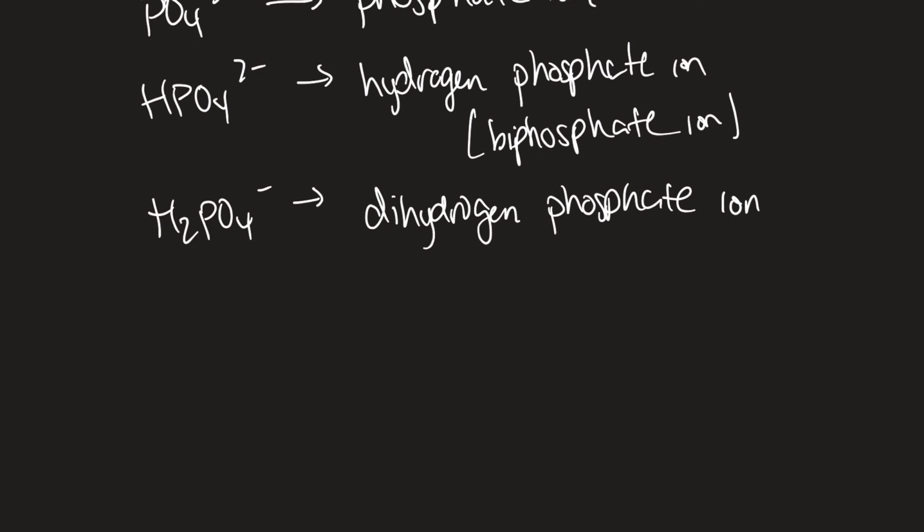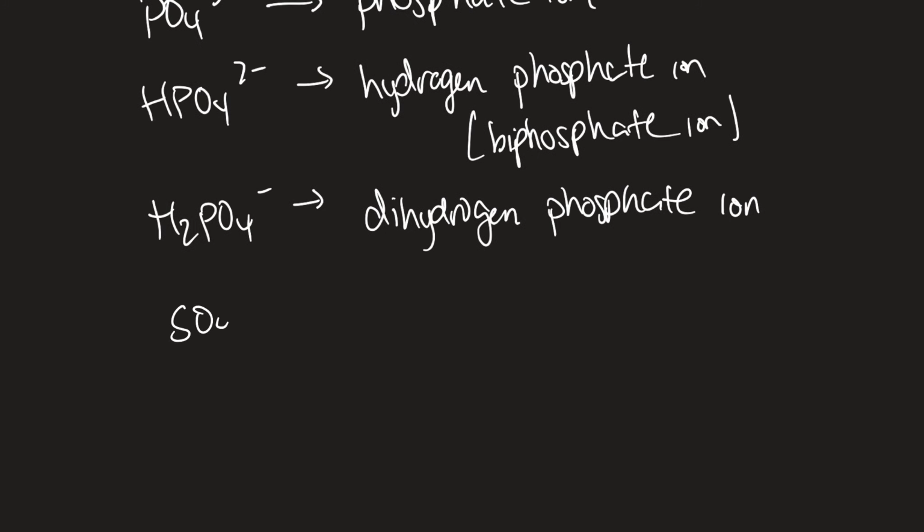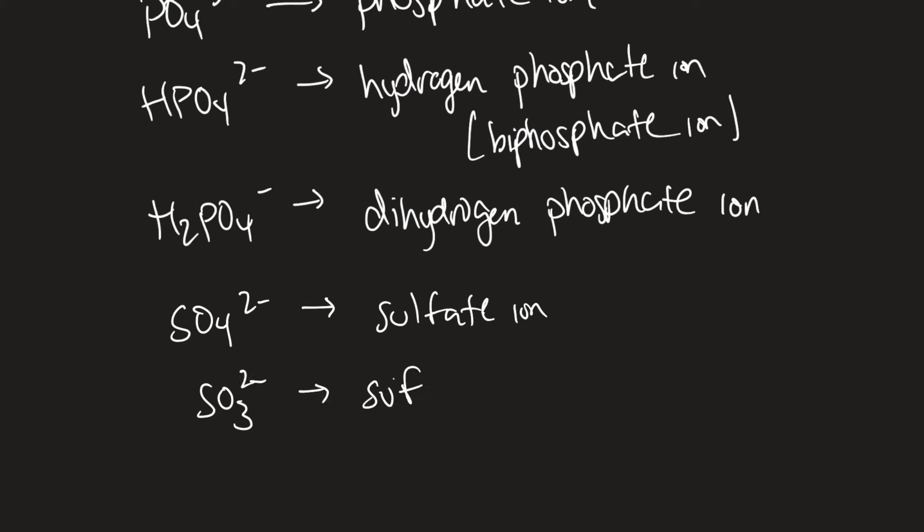Then you have SO4 2 negative. This is your sulfate ion, which you should not confuse with SO3 2 negative. This is what we call the sulfite ion, a difference of one letter.